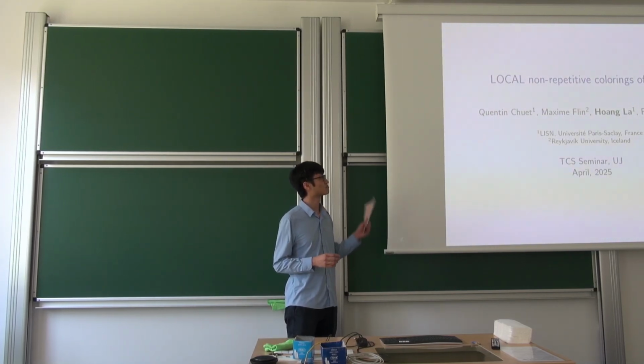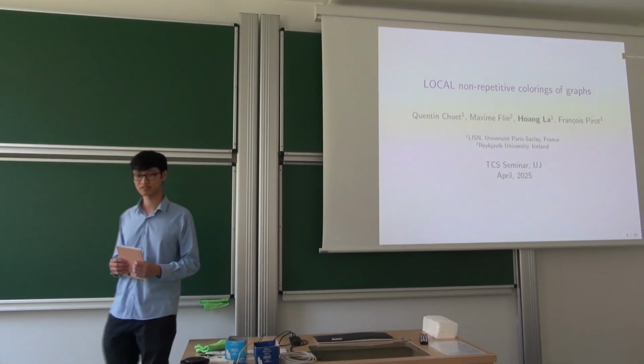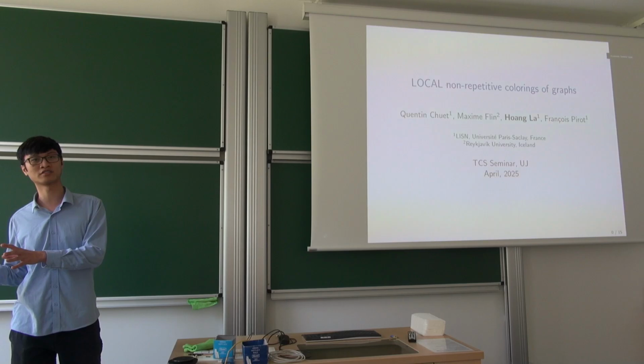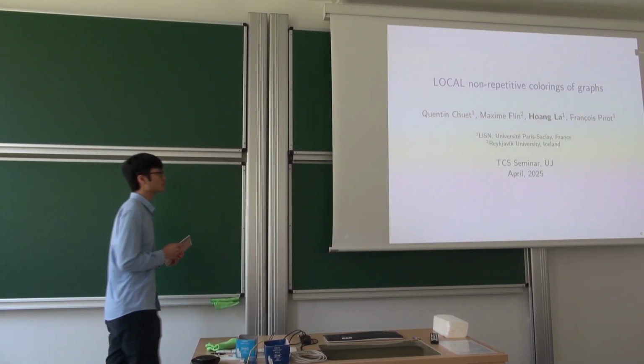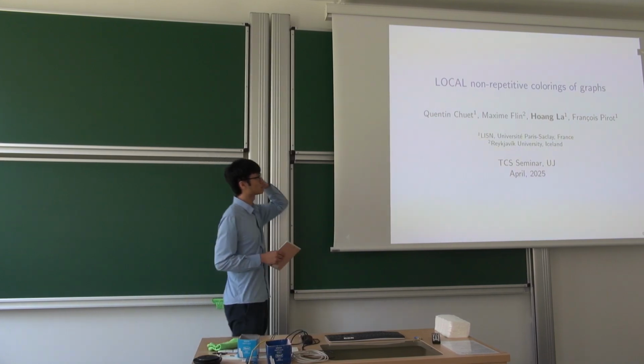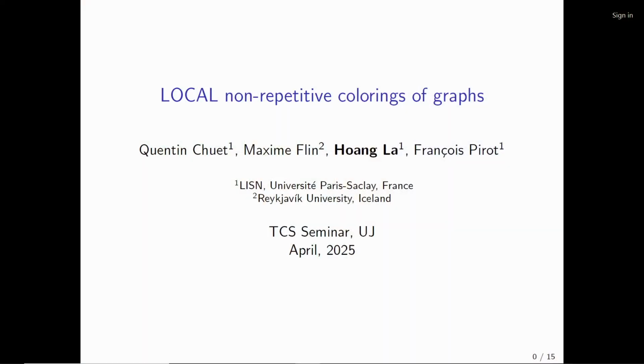So today I'm going to take you through some coloring problems as usual, but from a totally different context than what I am used to, at least. This project was done with Maxime Flin, a PhD student who is about to be a postdoc at Reykjavik University in Iceland.